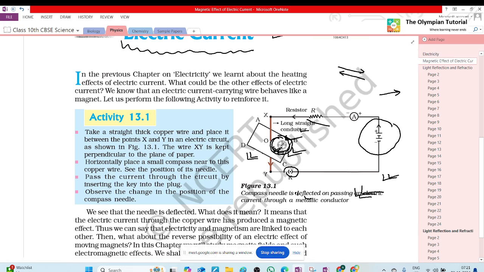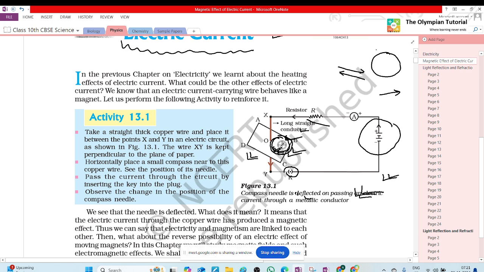Are you getting my point? Magnetic compass needle. Suppose you are hanging it in different directions, Tanya, suppose you are moving it, its needle will also move.